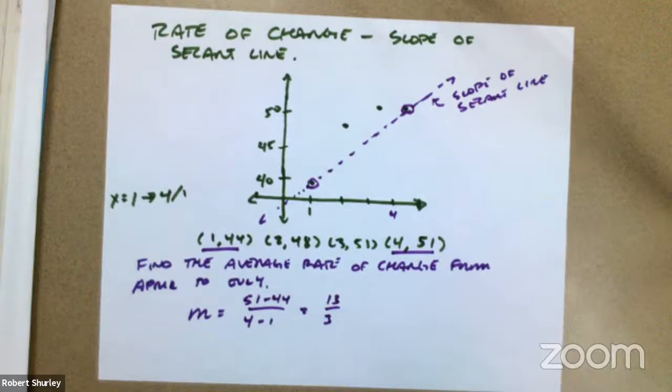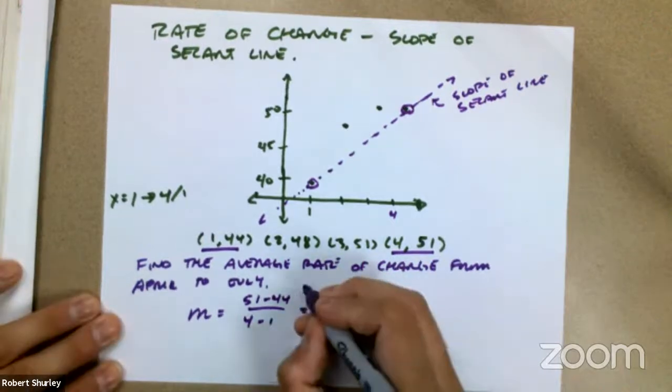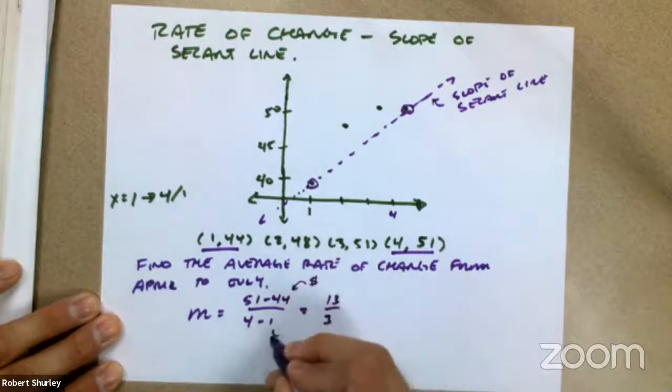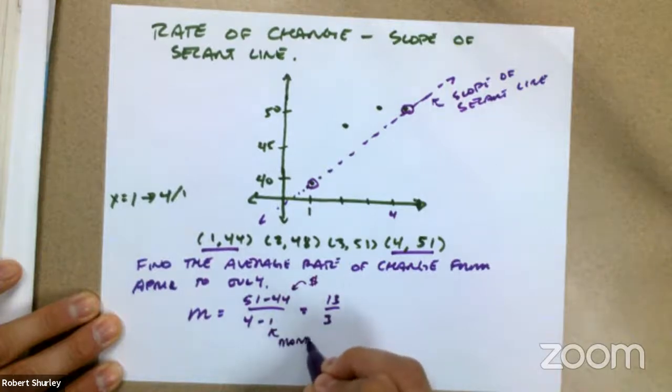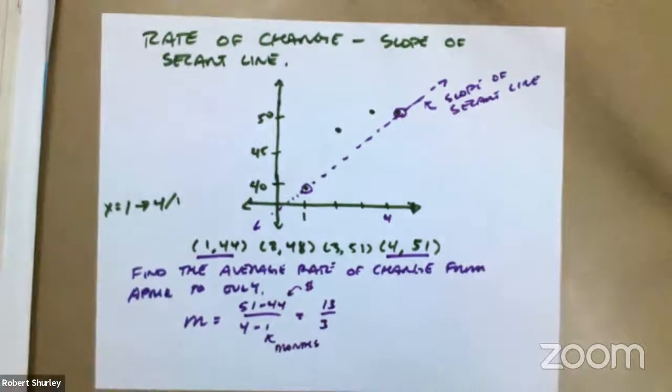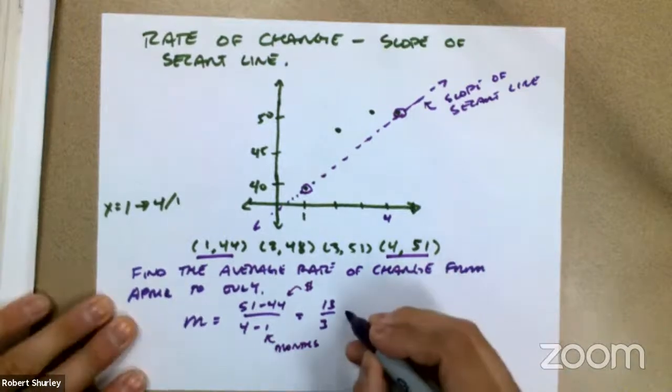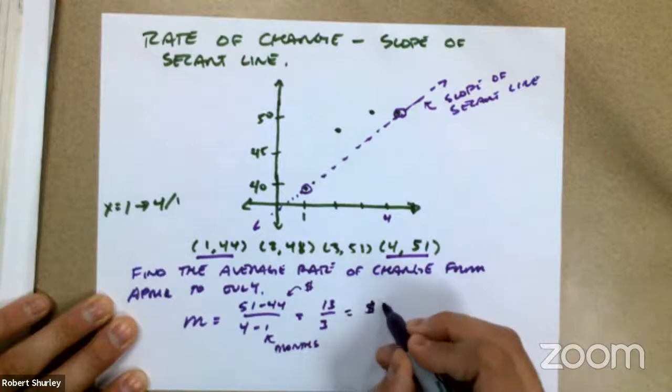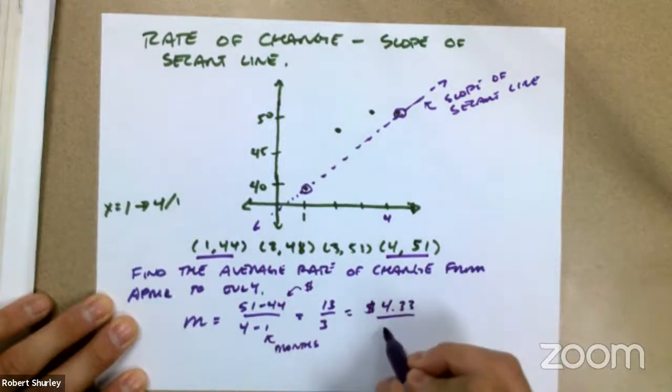Because it's a rate of change. The numerator right here is in money. And then the denominator right here is in months, right? So it's dollars per month. So I'm going to take my calculator out and say, well, what is 13 divided by 3? And I'll round it to the penny because we're dealing with money. So it's $4.33 per month.